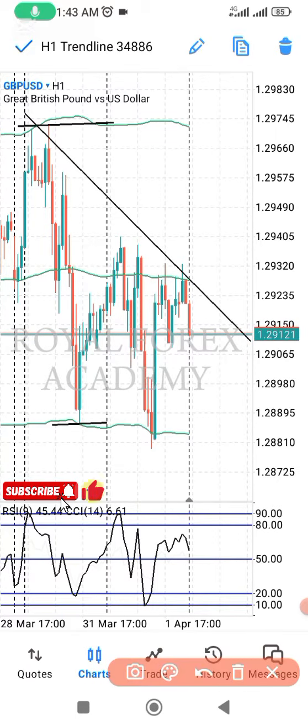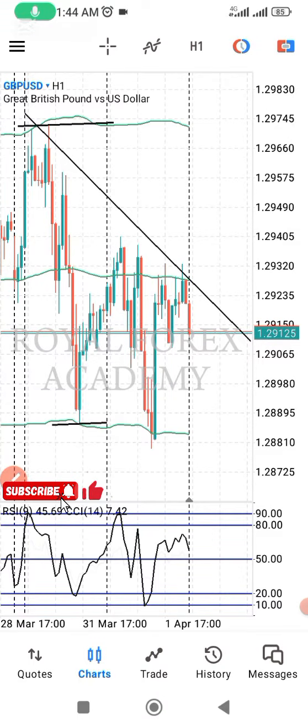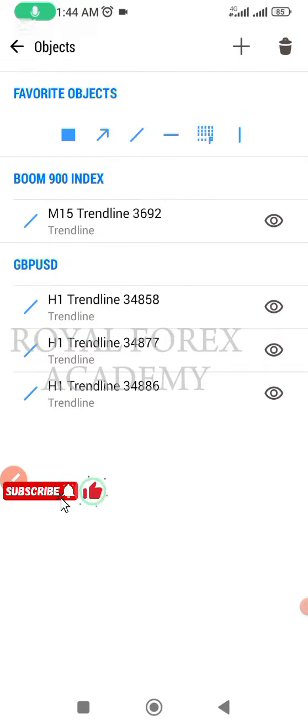Our first range is our lower high to our lower low. So once we have identified this range, the next thing is for us to pick up our Fibonacci Retracement tool.